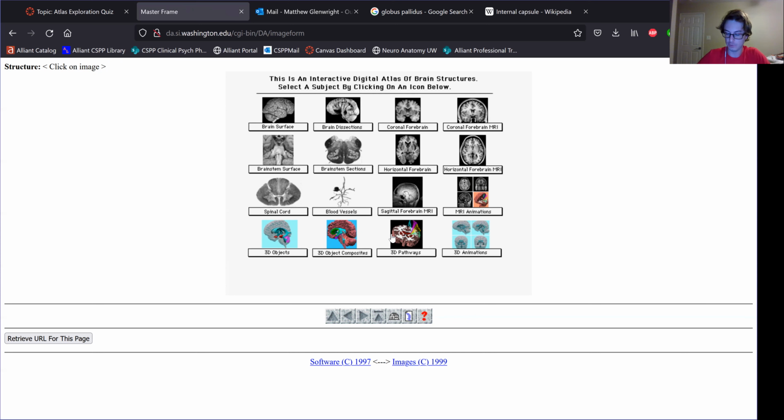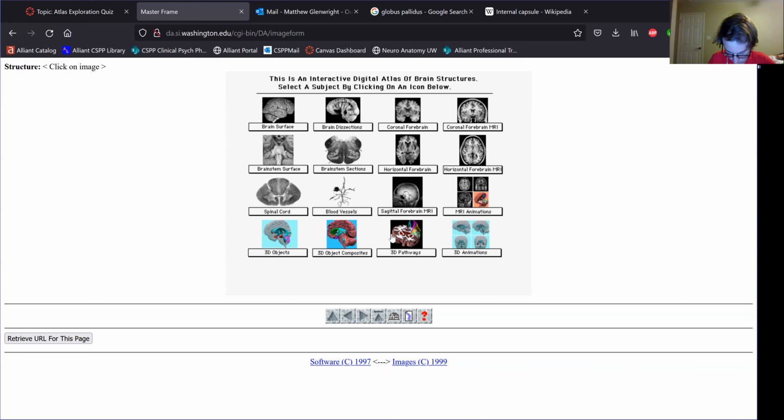Looking at it on our little model, that's the fornix, and the hippocampal formations, the hippocampus pieces, come together and create the fornix. And right at the very bottom of the hippocampus area, you have the amygdalas.